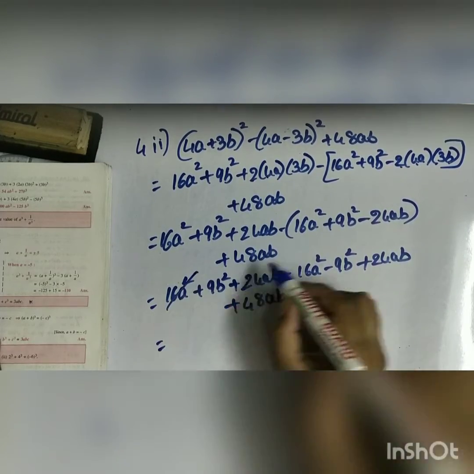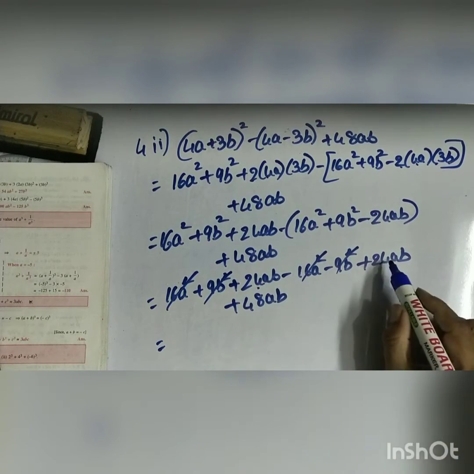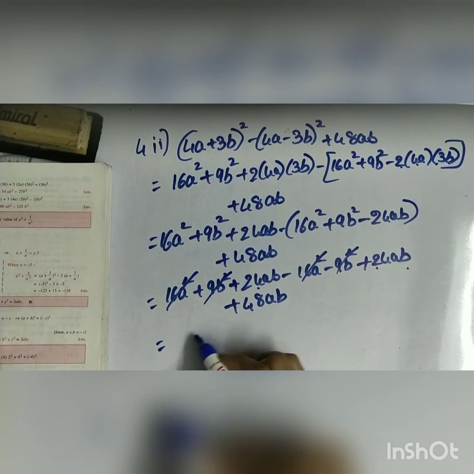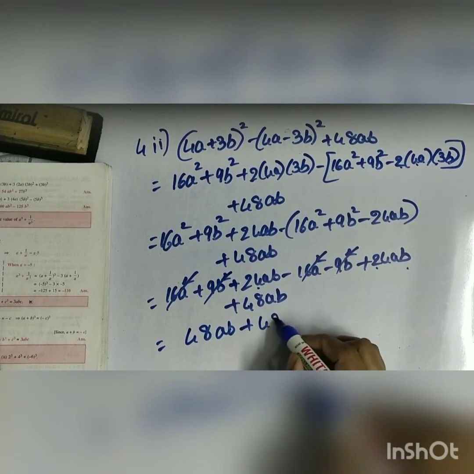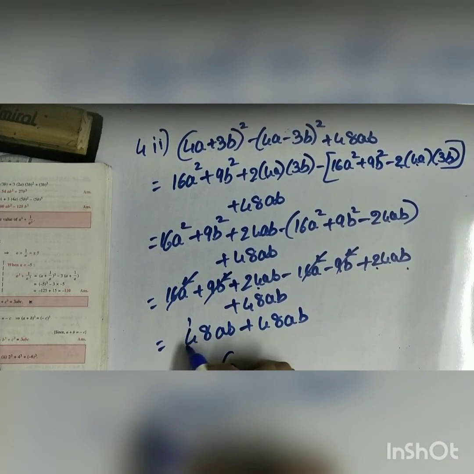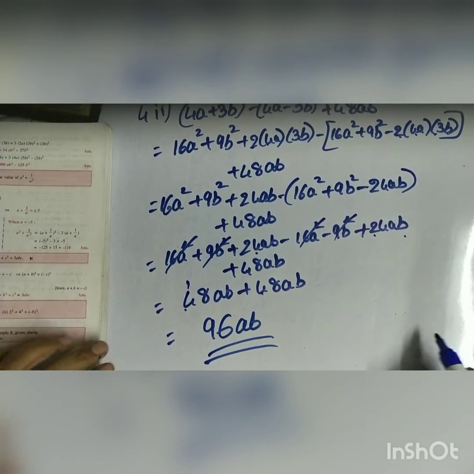So plus minus cancel here, plus minus cancelled here. So 24 plus 24 is 48ab, plus 48ab. I get 8 plus 8, 16. 4 plus 4, 8 and 9, 96ab is the final answer.